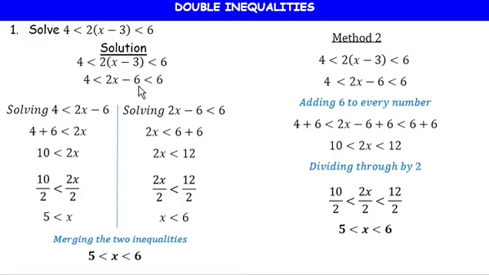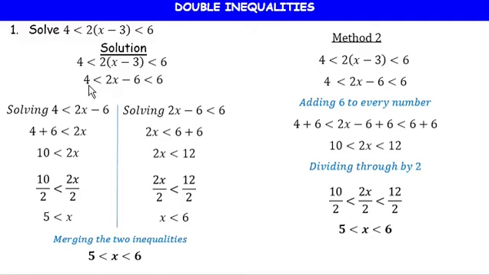Now the first method in solving double inequalities is to take each inequality and treat it separately. In fact, we can segregate this inequality into two different parts.